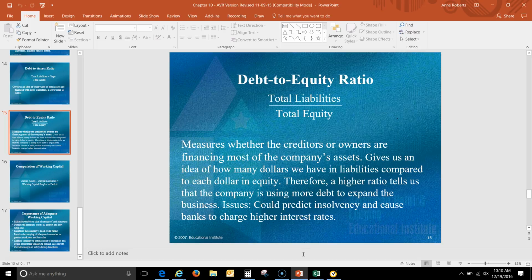When we're dealing with debt to equity ratio, any ratio that we get is going to indicate for every $1 in equity, how many dollars do we have in liabilities? So if this ended up being 5.5, equity would be 1, liabilities would be 5.5, assets would be 6.5.